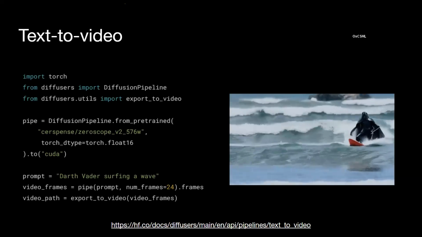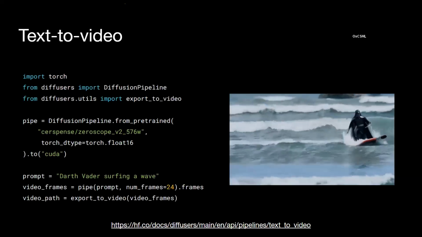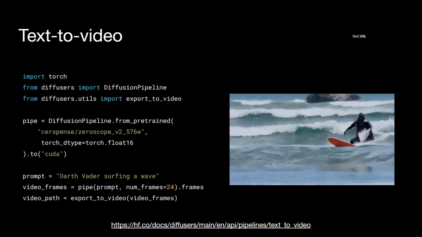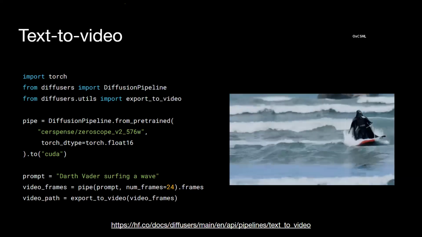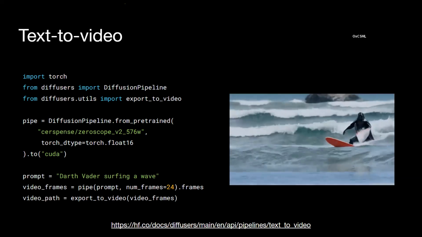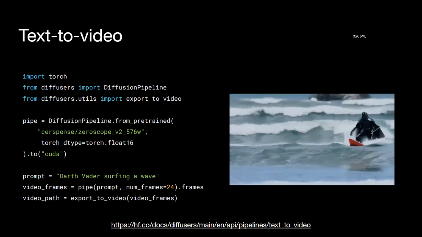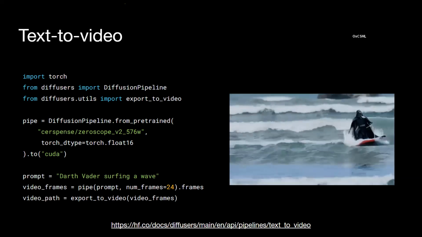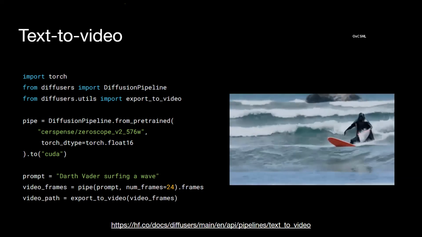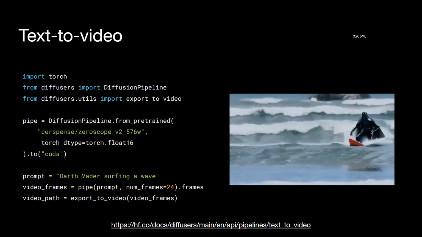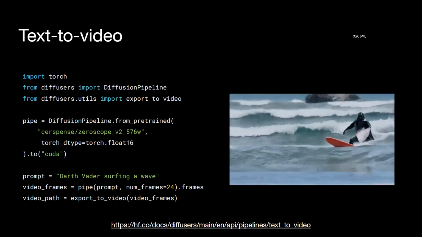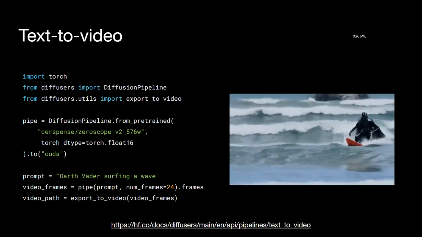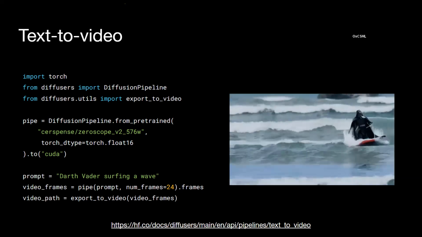All you need, again, is 5 lines of code. You initialize your pipeline, you do the device placement, and you call your pipeline on a prompt. Let's say I'm making Darth Vader surf a wave, and voila. You basically get spatio-temporally coherent frames, which you then export to a video. So that's also possible. As you can see, we are not doing any optical warping or stuff like that. All of that is basically taken care of for you.